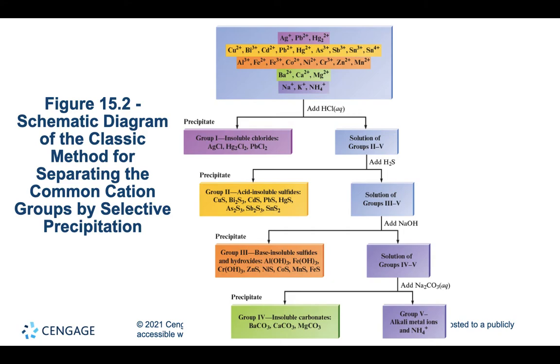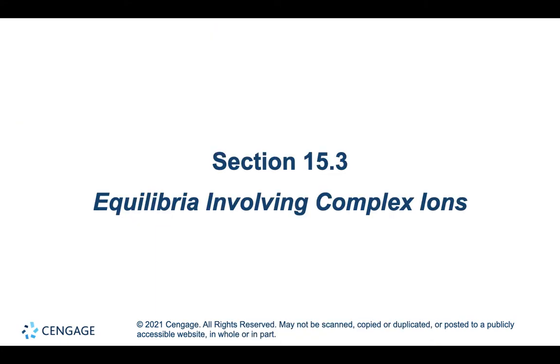So you see by a strategic flow chart here, you have to, of course, keep track of what you have in each test tube, but you could take a complex set of 26 ions and separate them into 5 different groups in 5 different test tubes using selective precipitation.